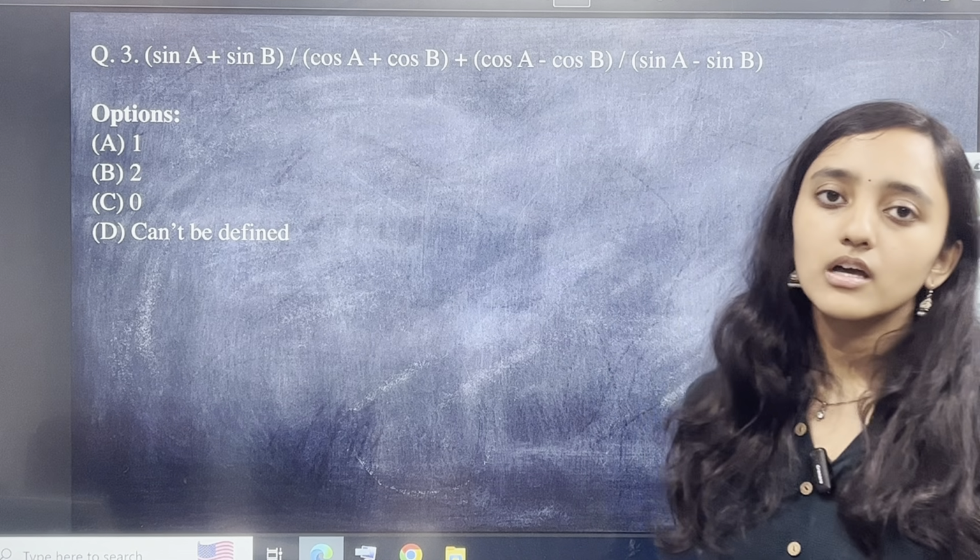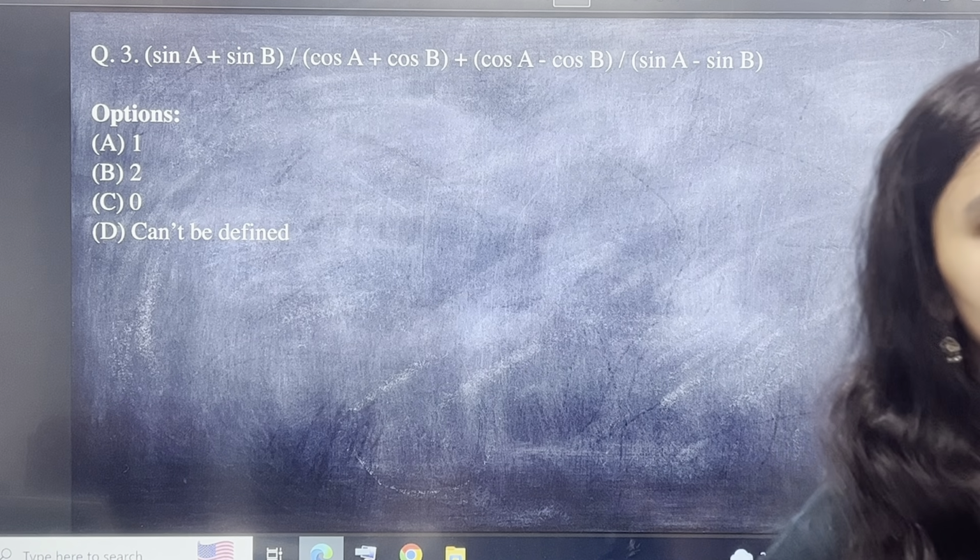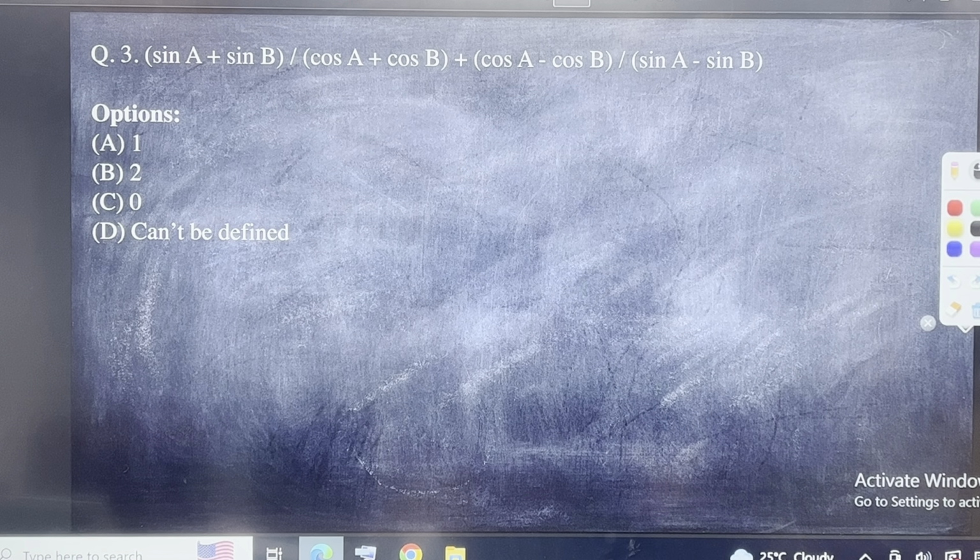Are you wondering? First of all, I want you to take a screenshot of this question, solve it on your own, write it down in your notebook and try to solve it. You have options. Option A is 1, option B is 2, option C is 3, option D is can't be defined. So what will be the answer? Have you done it? Now let us come and try and solve it.